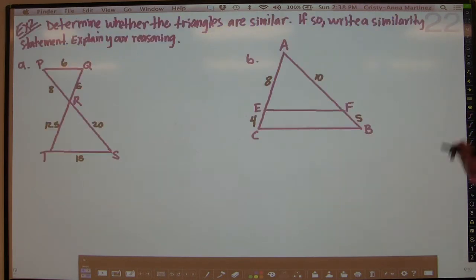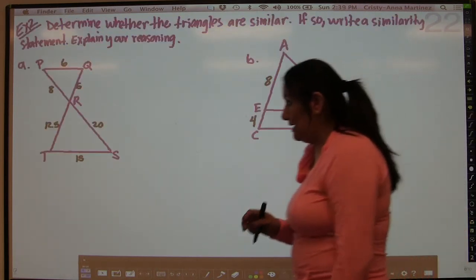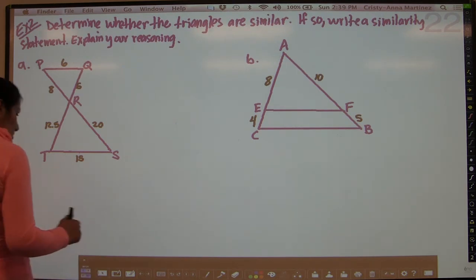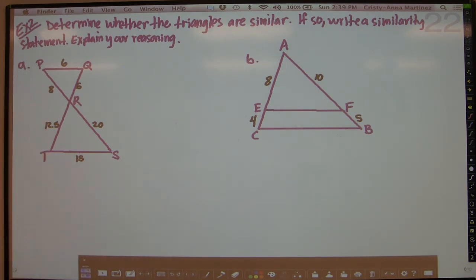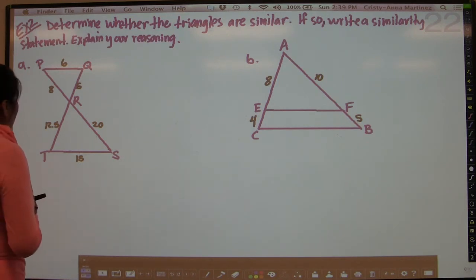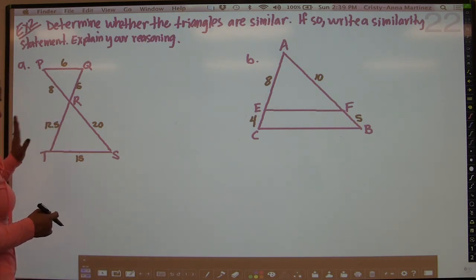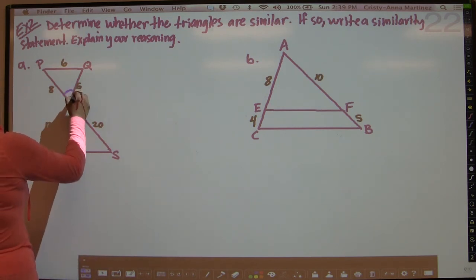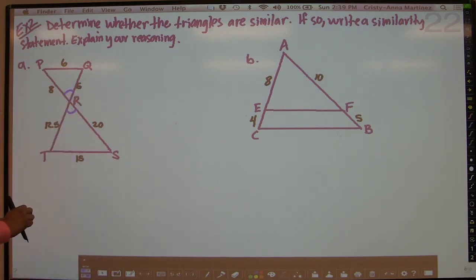We're going to do some examples to apply some of that. So here we go with example 2. It says, determine whether the triangles are similar. If so, write a similarity statement and explain your reasoning. None of the angles are marked congruent, but like I said before, anytime you have vertical angles, they are congruent.